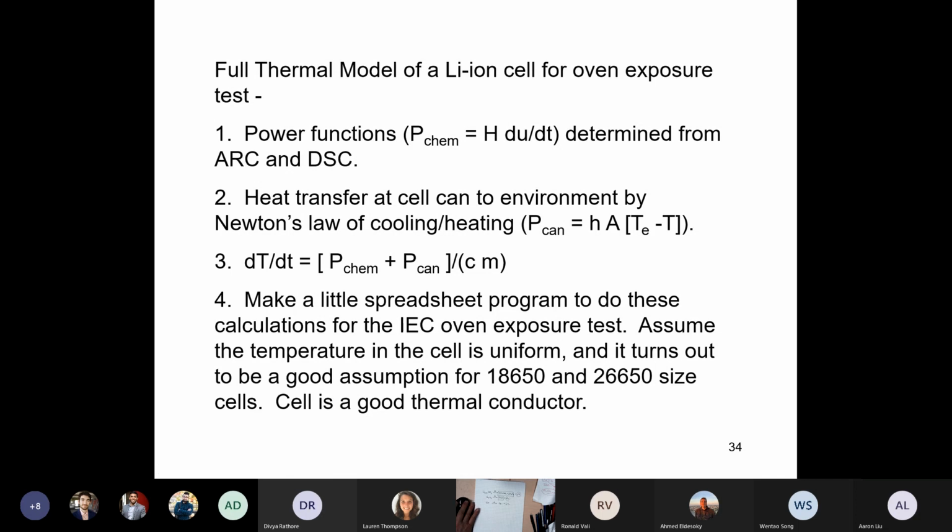There's aluminum foil and copper foil current collectors throughout the cell. So it turned out when Tim Hatchard was really trying to determine the temperature difference between the core and the surface of the cell and the oven temperature, it really was just a very brief thing.